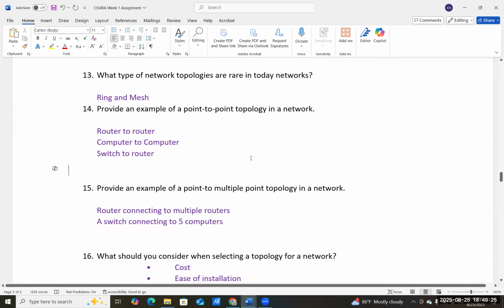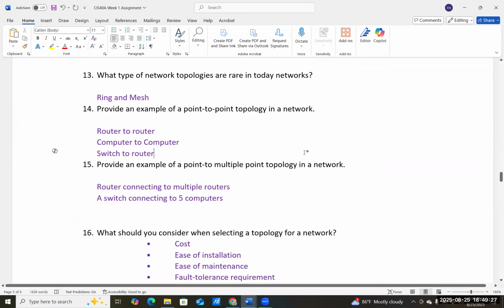Okay. So if we want to connect one point to multiple points in a network, at home, you already have that, right? You already have your wireless router, and you might be connecting your game computer, your printer, maybe other systems to it.